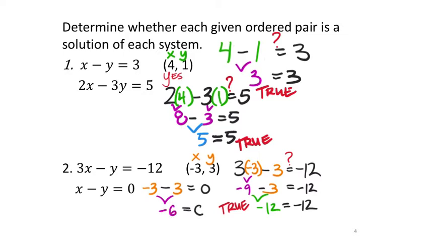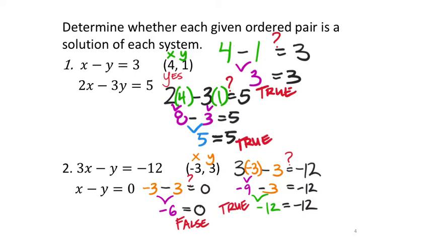Negative 6 does not equal 0. That's a false statement, because we were checking for truthfulness, so there's my question mark. This means that the ordered pair negative 3, 3 is not actually on the line that would represent this x minus y equation.